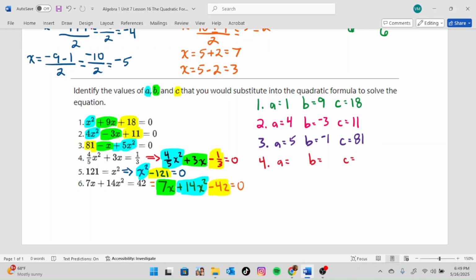Number 4. The a term is the coefficient with the x squared. So a equals 4 over 5. The b term is the coefficient with the x. So b equals 3. And the c term is the constant. That means c equals -1 over 3.